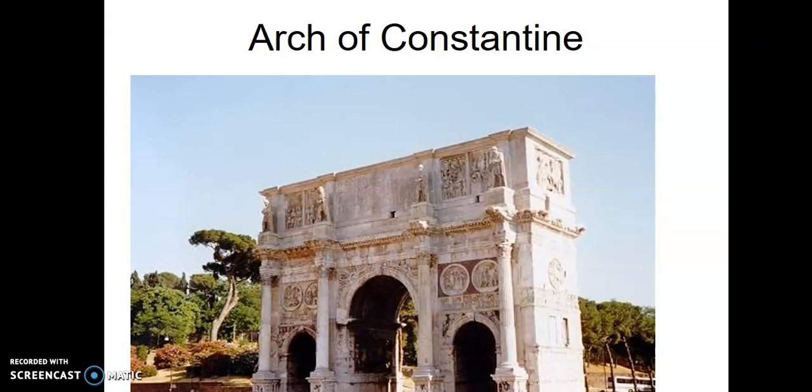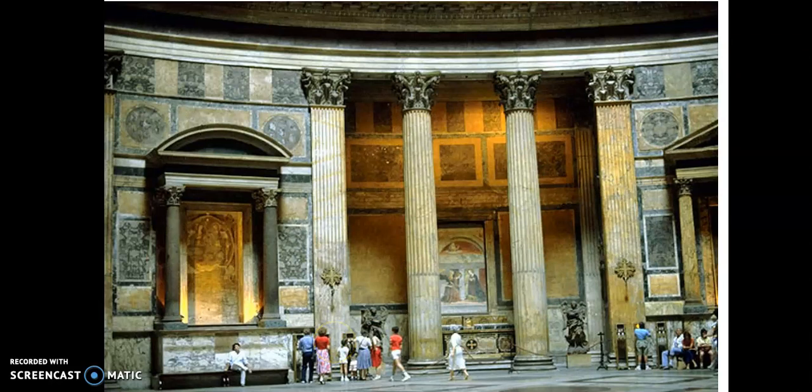Yep. And so this arch gives you that ability to hold stuff up inside the Pantheon here. Yep, with your little niches. And your Corinthian capitals and your pilasters, the flat columns set into the walls. So you have pilasters and freestanding columns.